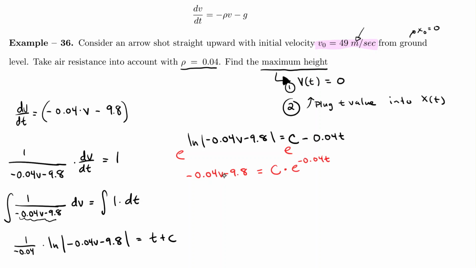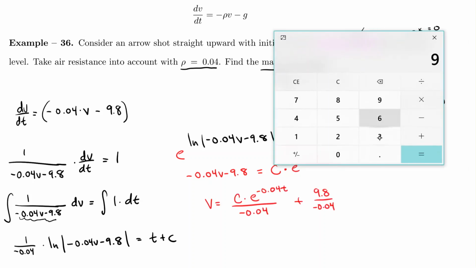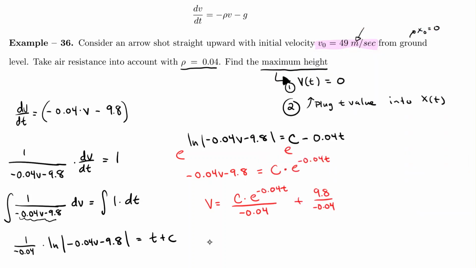Now we can solve for v: add 9.8 to both sides, divide by negative 0.04, and we get, 9.8 divided by 0.04 is 245, that should be negative. I'm just going to combine our unknown constant with the negative 0.04, and we get v equals c times e to the negative 0.04 t minus 245.